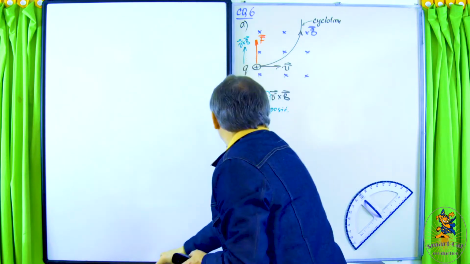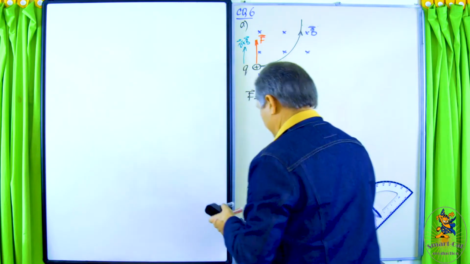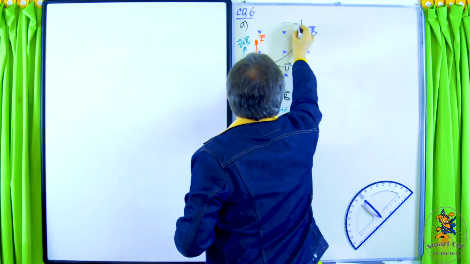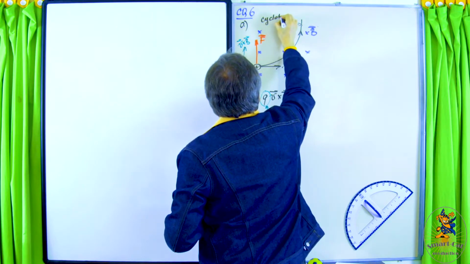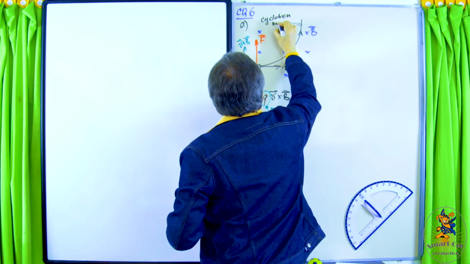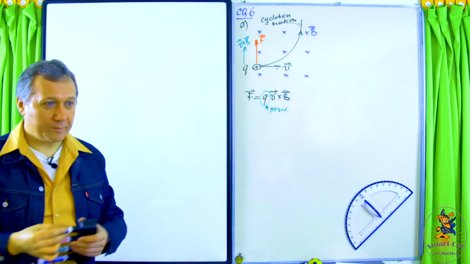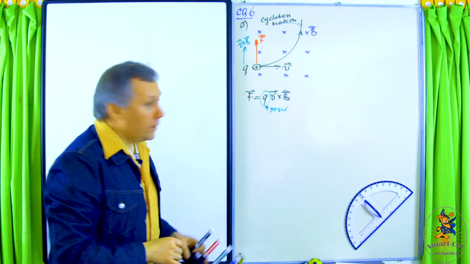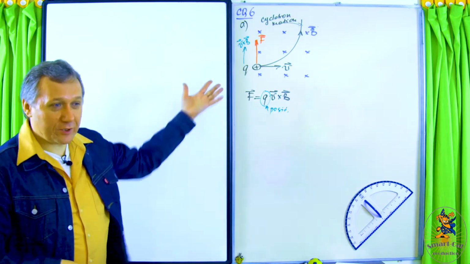You know what? I want to use that space for part B, so let me write it on this side over here. So it's a cyclotron motion, a circle. So that's part A for a positively charged particle.